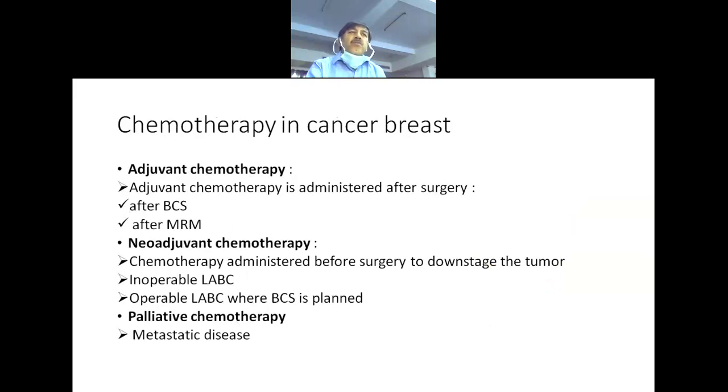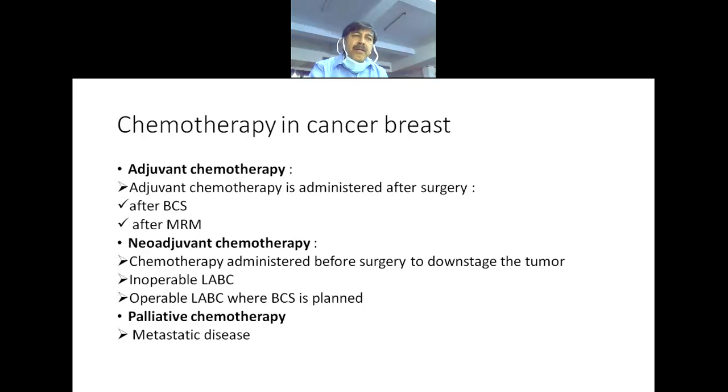Now coming to chemotherapy in breast cancer. Chemotherapy can be adjuvant chemotherapy, that is given after surgery. For example, it is given after a breast conserving surgery or after a modified radical mastectomy. Another is neoadjuvant chemotherapy. Here, chemotherapy is administered before surgery to downstage the tumor.